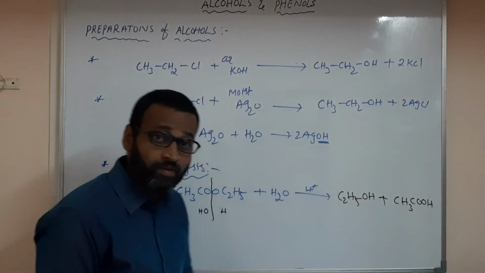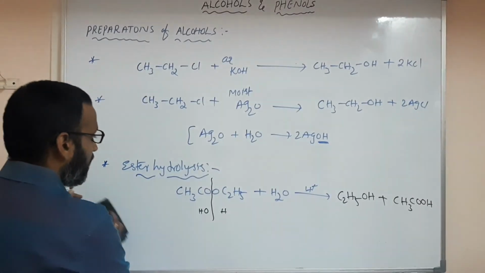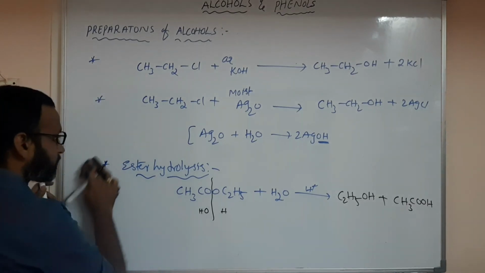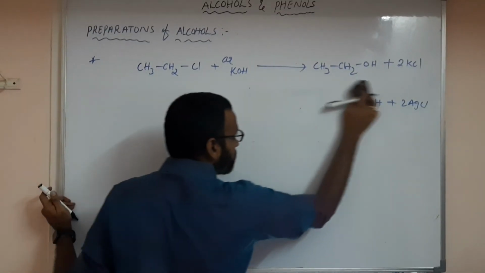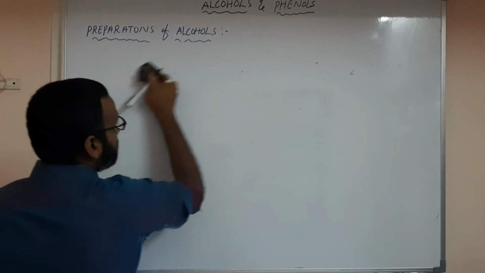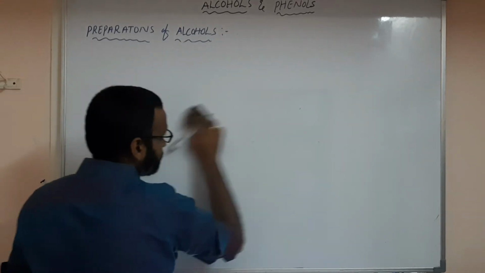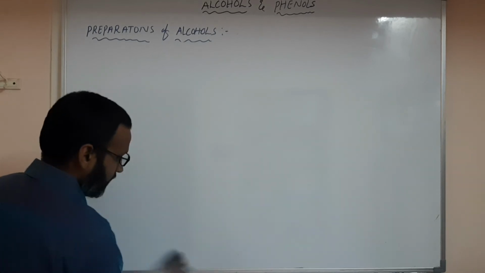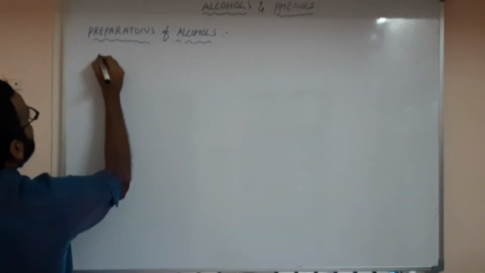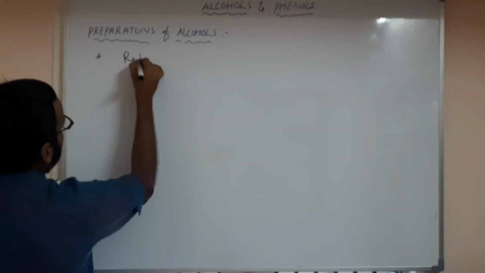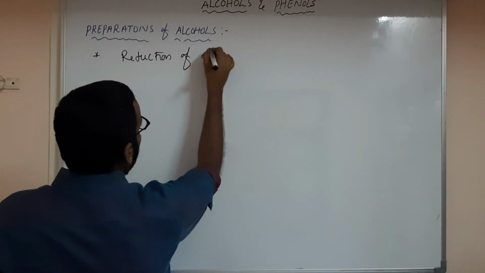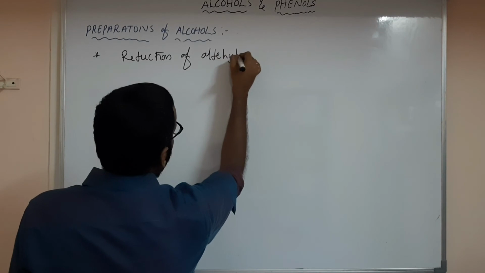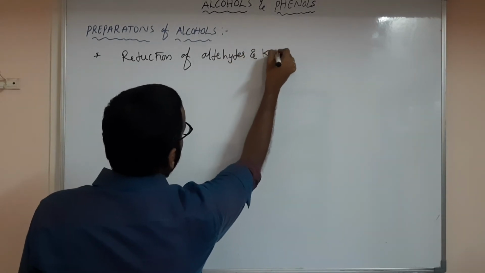And one more you have: reduction of aldehydes and ketones. There also it is simple. Remember what reducing agents we use. So next is reduction of aldehydes and ketones actually.